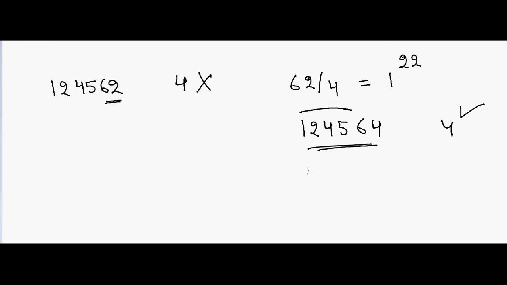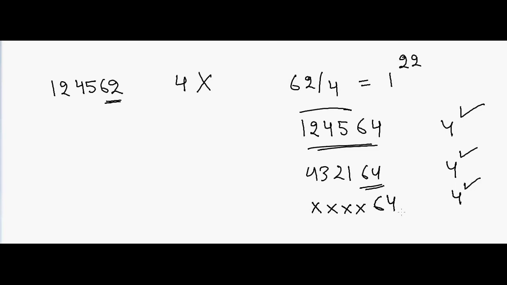I can write 4, 3, 2, 1, 6, 4, and again it is divisible by 4, or I can write anything, x x x x and 64, and this number should also be divisible by 4. So I have to look at the last two digits to check if the number is divisible by 4 or not. In this case it is not.